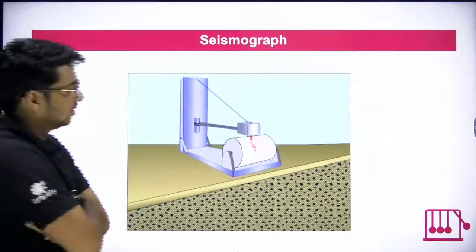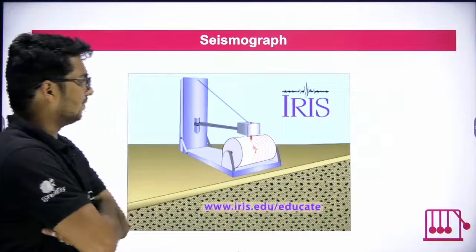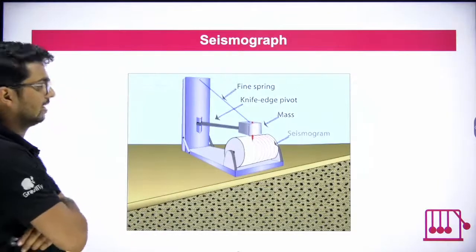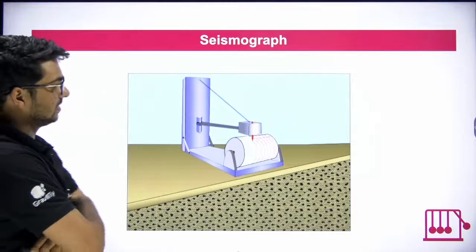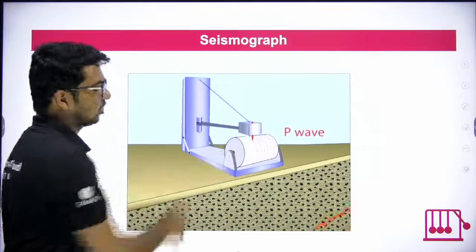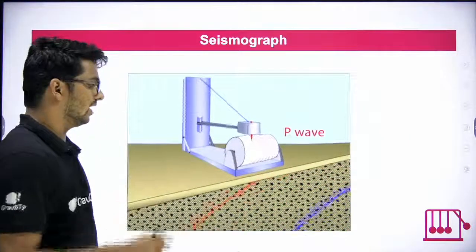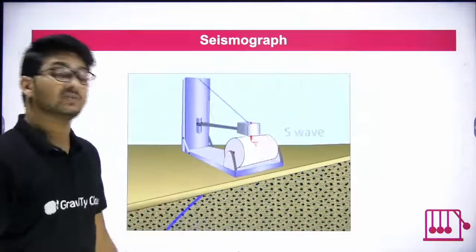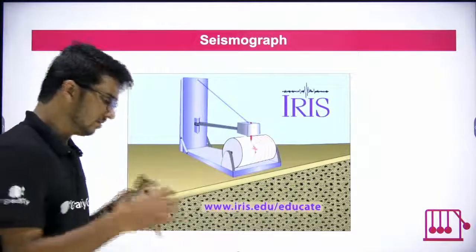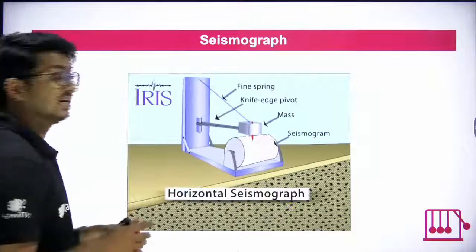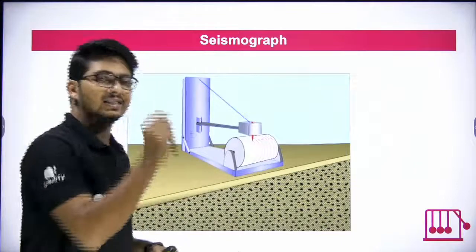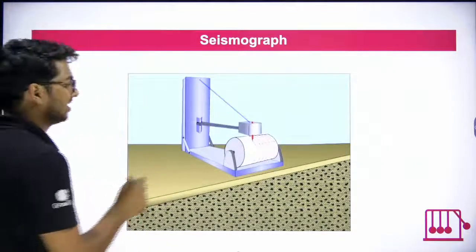What happened here, everyone? It'll play again. Don't worry. See here the paper is rolling and a needle, a pen-like thing, is drawing a line with ink. When earthquake waves strike it, or when it shakes, there will be a disturbance on the paper, a graph-like pattern.